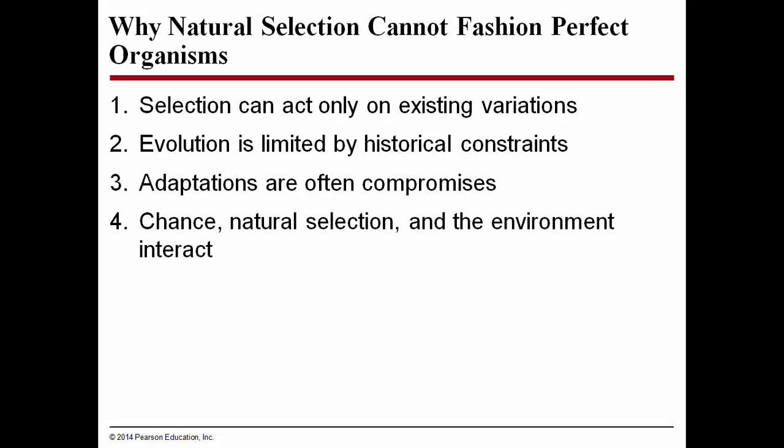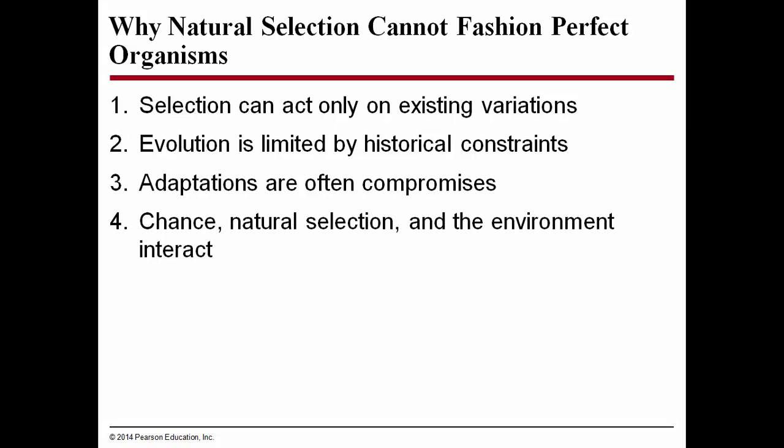Natural selection doesn't create new variations, only mutations can do that, but then those mutations are in the population, so they exist as existing variations. Evolution is limited by historical constraints, so it can only act on something that has been in the population.